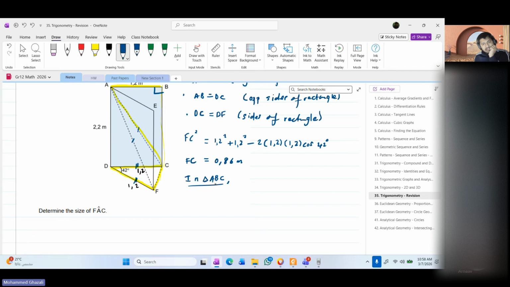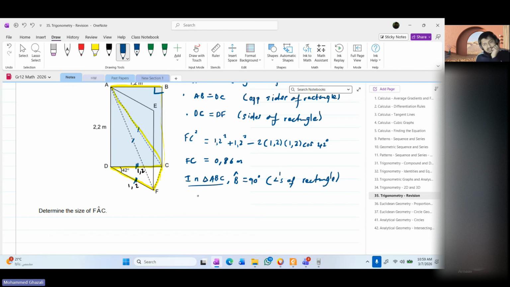In triangle ABC, we have angle B to be 90, right? That is angles of rectangle. Now we can solve Pythagoras here.